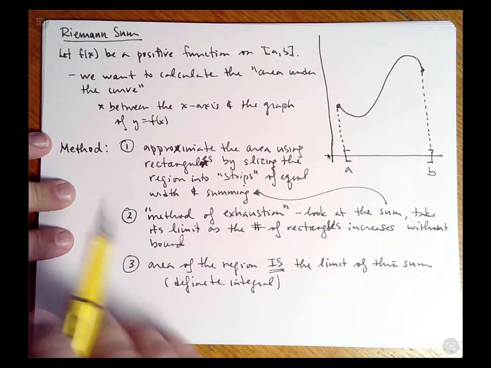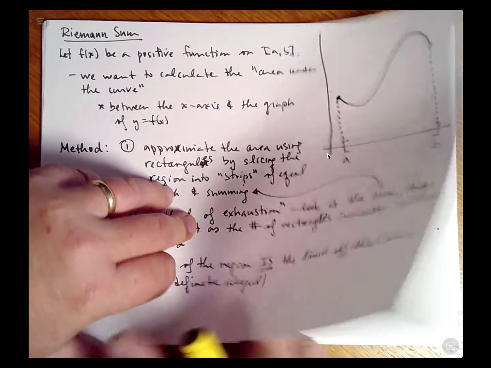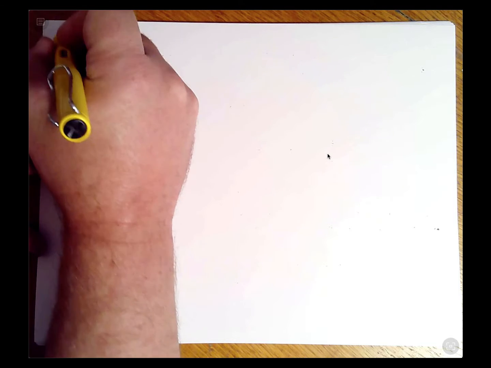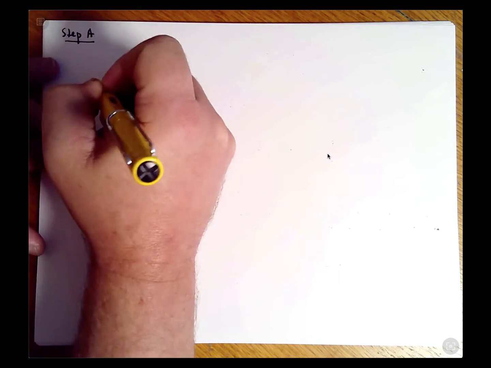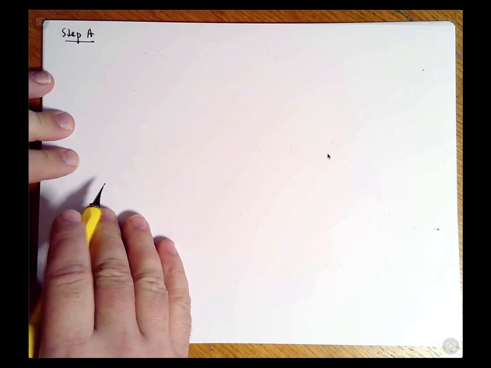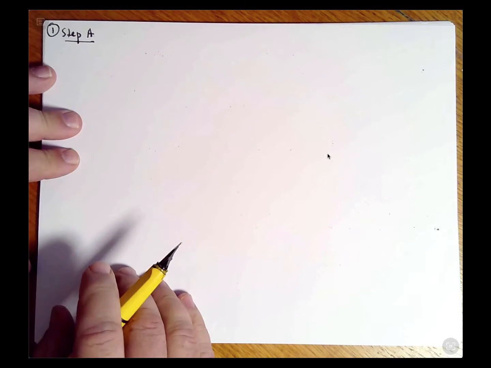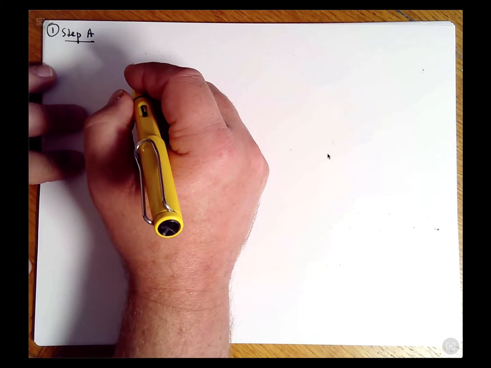All right, so let's put some notation on this. Okay, so here's step A. So we're in part 1 of our method, and so step A is we have the region.